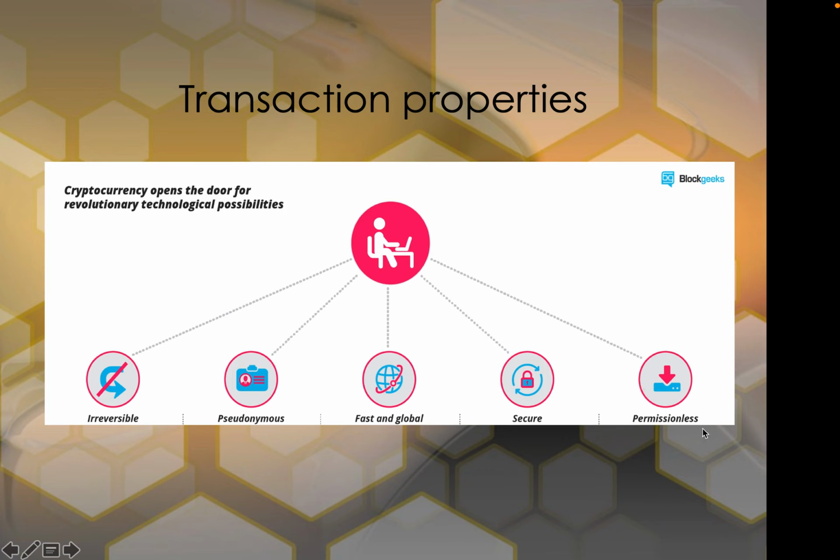A permissioned network is more like a private network. Not everybody can add blocks. Only authorized users, maybe a centralized server or, in a distributed version, maybe some super nodes, can add blocks. So not everybody is created equal. In that case, it's called permissioned.